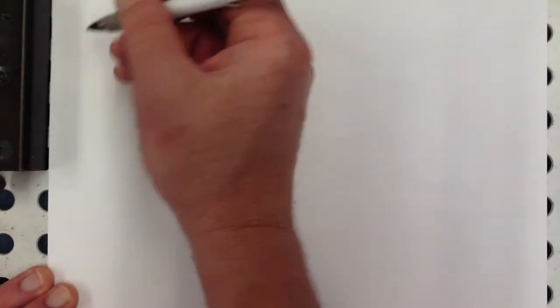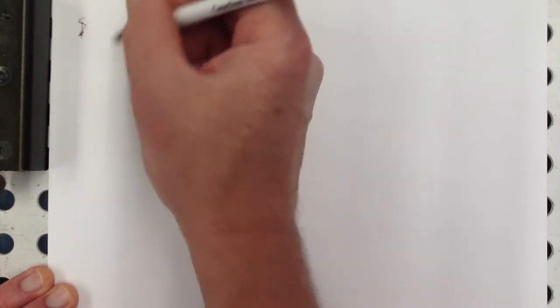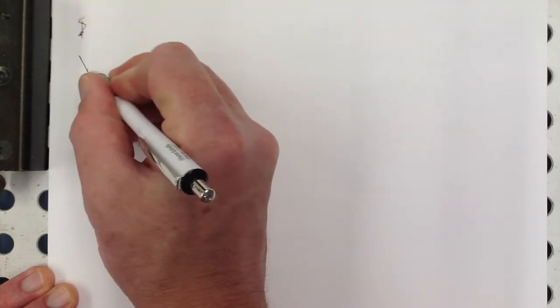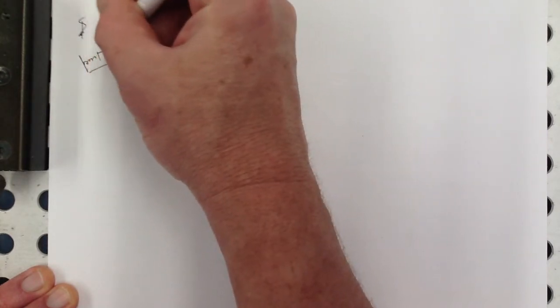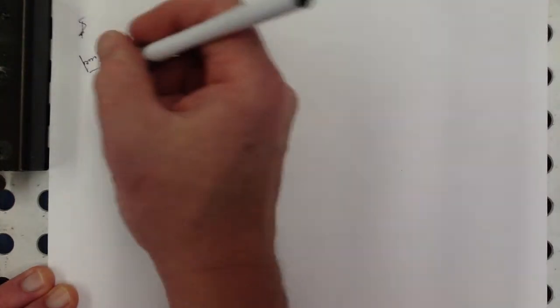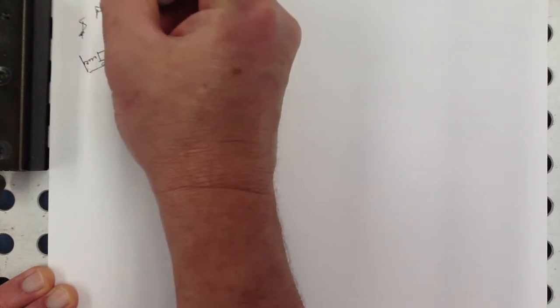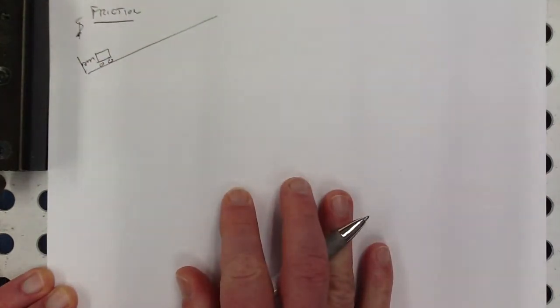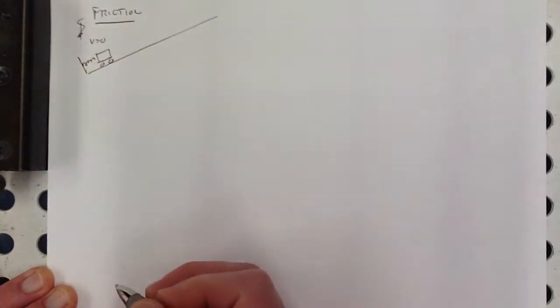Now, how about the same situation with our cart? And this time there is friction. And here it's compressed against the spring.